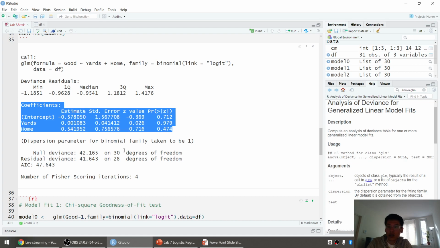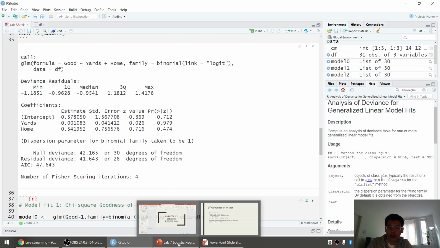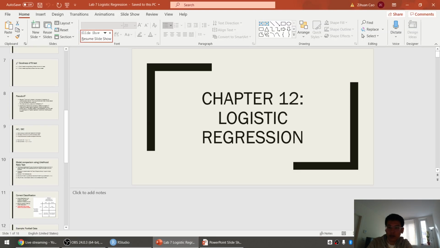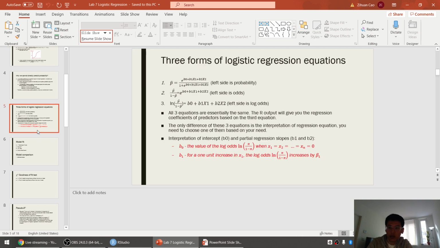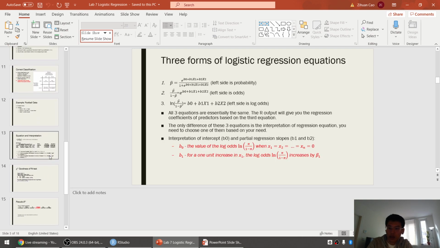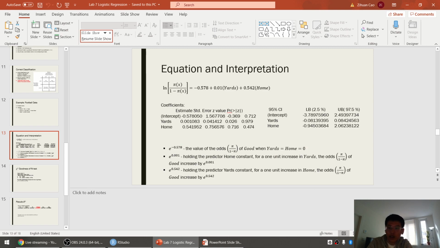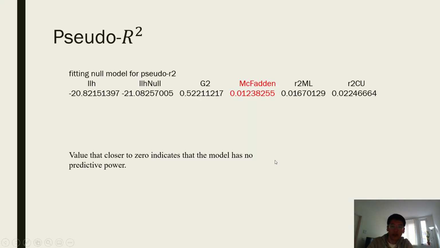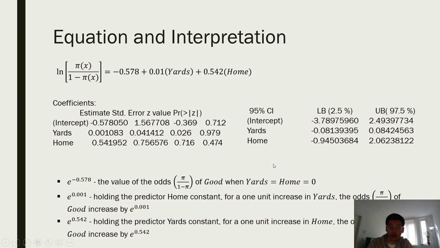Okay, so let's just go back to the slides. Here, in slides 13, you can see the equation and the interpretation. On the left-hand side, since it's a logit model, we have the logit of y, and on the right-hand side we have our predictors.